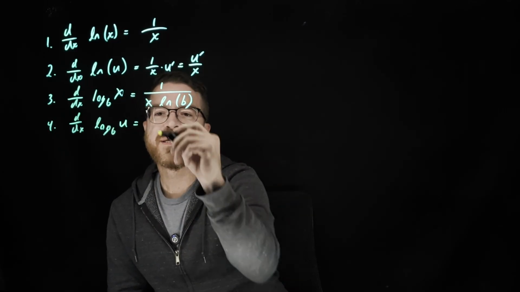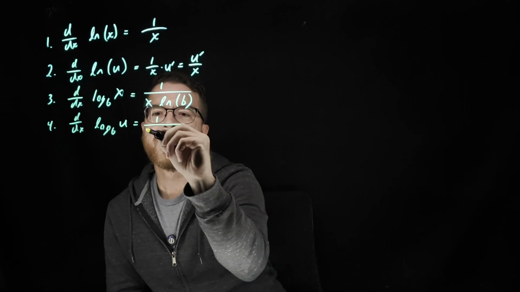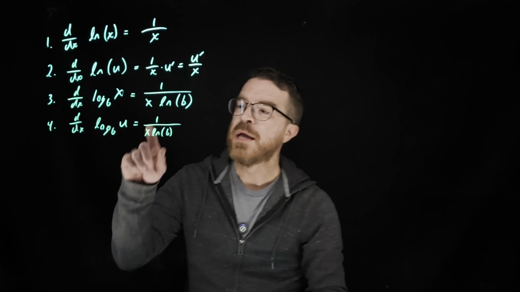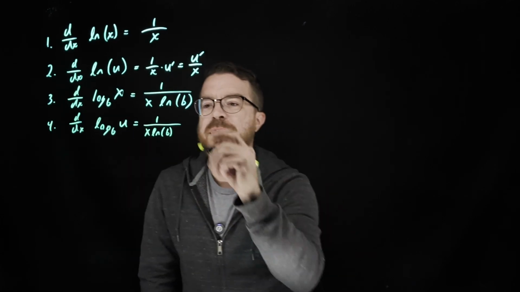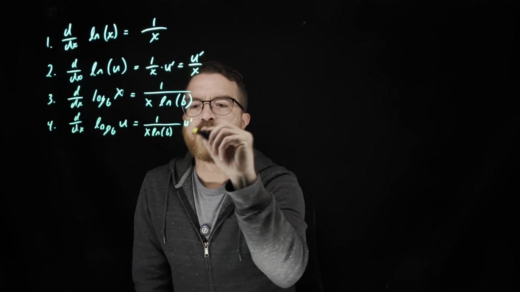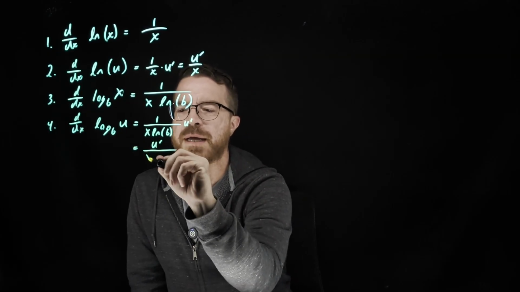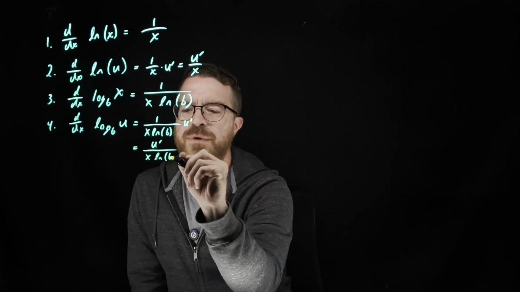It's the same idea: 1 over u natural log of b, but now we use the chain rule and take the derivative of what's inside the log, u prime, which we can rewrite as u prime divided by u natural log of b.